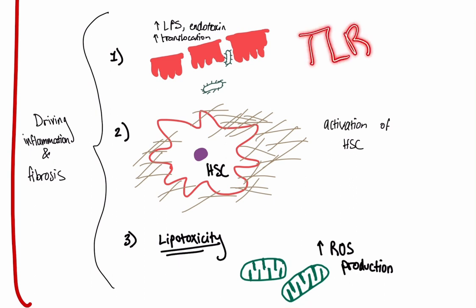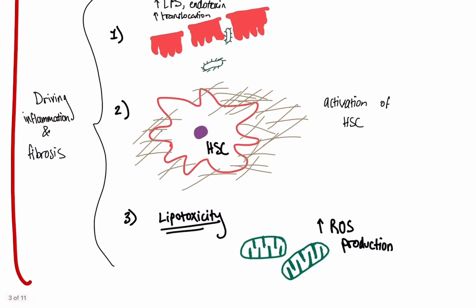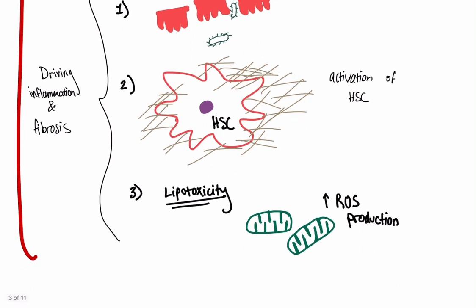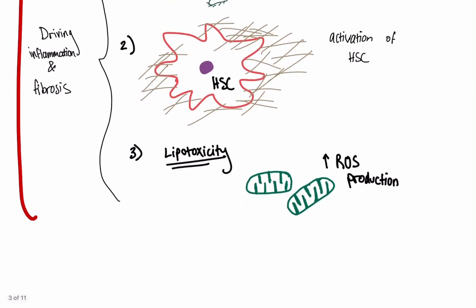These are canonical receptors which respond to these uniform pathogen-associated patterns. Also, we see activation of hepatic stellate cells, these fibroblast-like cells in the liver, which can secrete extracellular matrix proteins and lead to overall scarring of the liver. And lastly, lipids themselves are toxic to hepatocytes, which drives the majority of this inflammatory signaling.